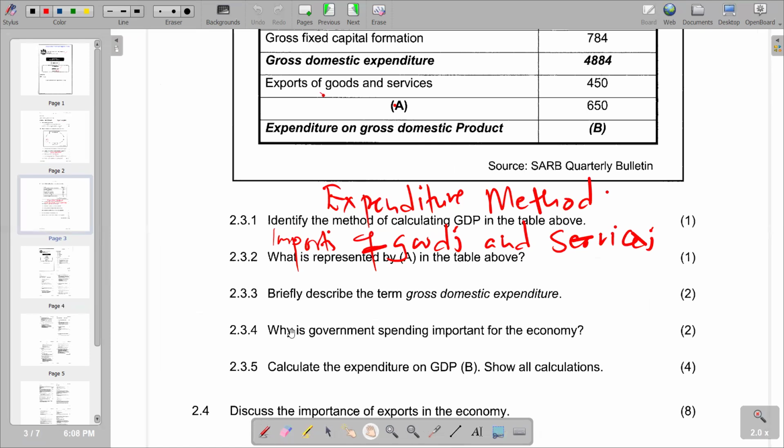So if you go to 2.3.4, it says, why is government spending important for the economy? So remember, government spending is when the government is spending money. It can come in different forms. Government might be spending money on infrastructure development, trying to build some public schools, public hospitals. So it becomes also government expenditure.